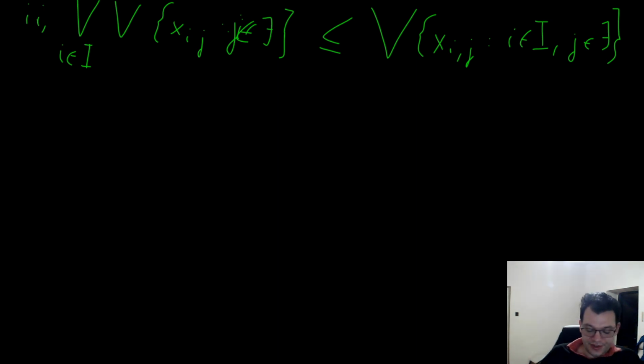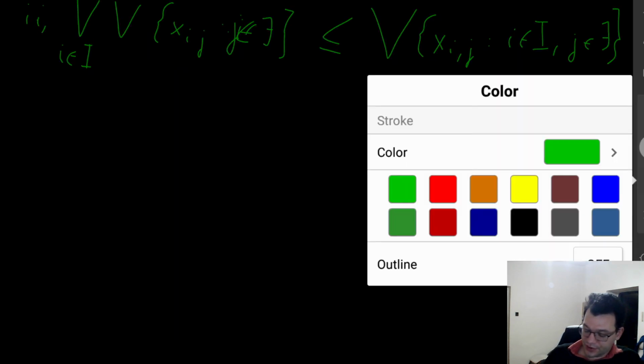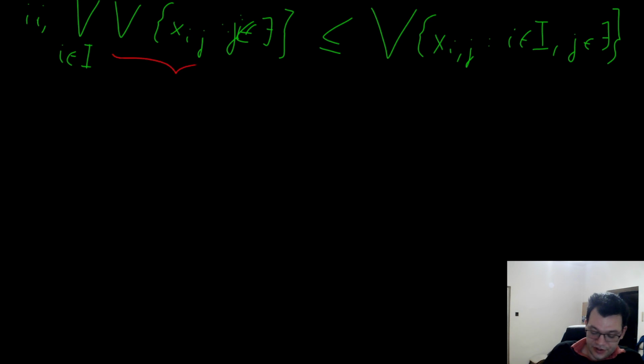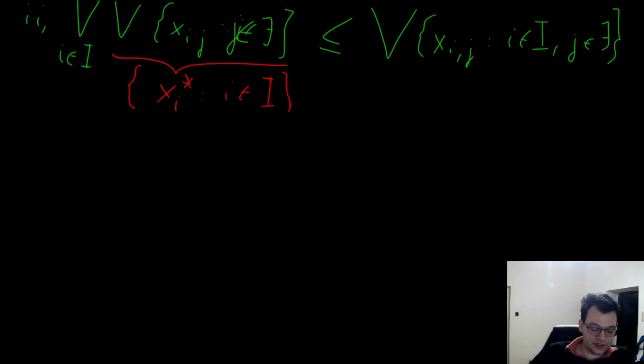Now for this, remember I already used the notation xi prime to denote this expression. So this is just the supremum of the xi primes, i in I. These two statements are the same.